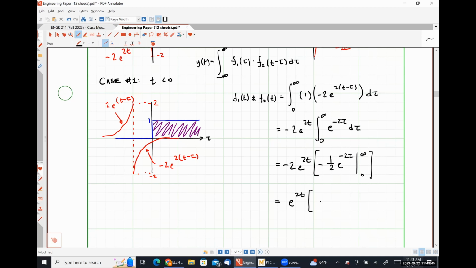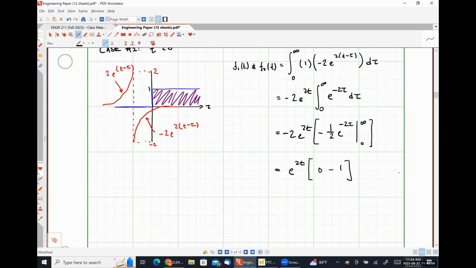Because e to the negative infinity is going to be 0. Minus, so what's e to the 0 going to look like? 1. So that's just going to look like negative e to the 2t. So this is what the convolution of these two functions looks like when t is less than 0.